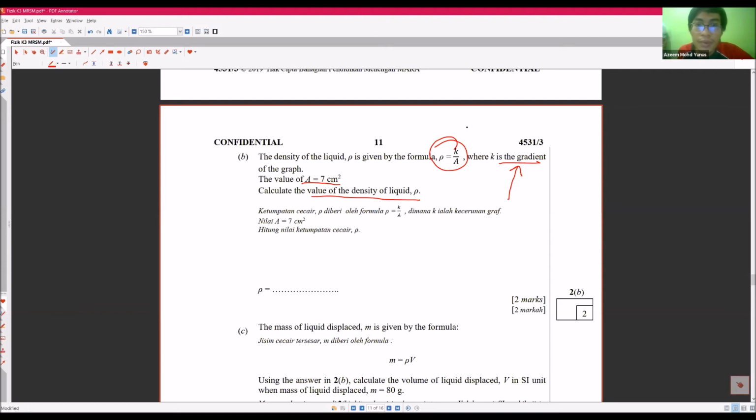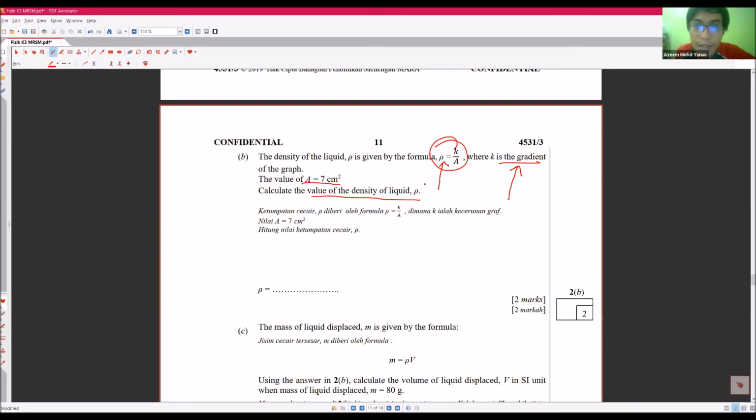If you have the correct value of the gradient, then you can obtain a maximum of 2 marks if you do the formula correctly. So in this question, the first question that you should ask yourself is, do you need to rearrange the formula?